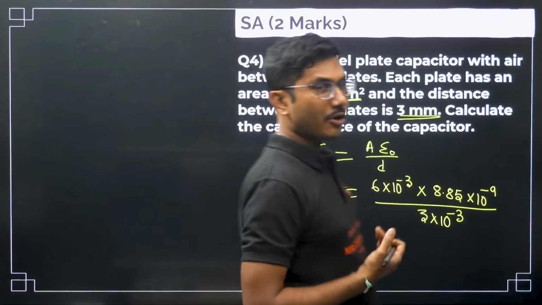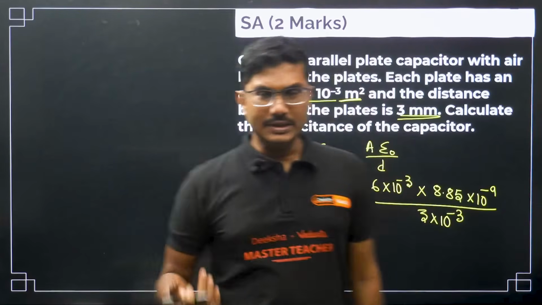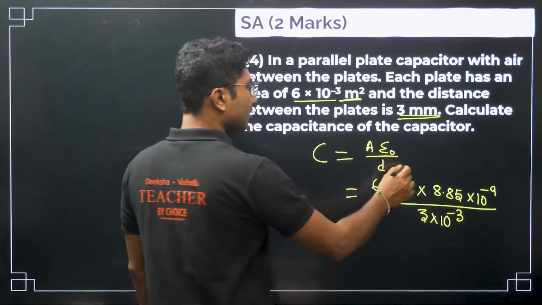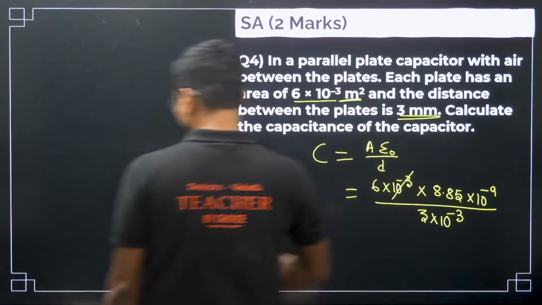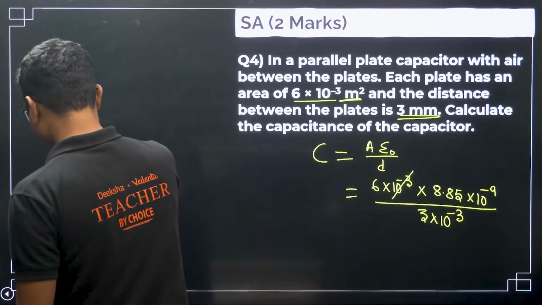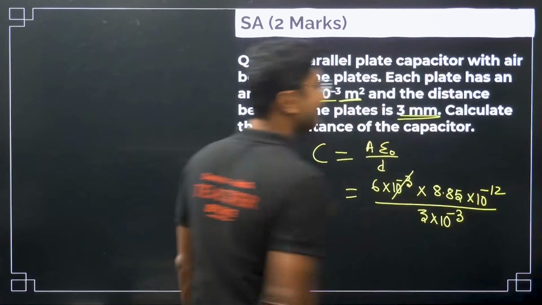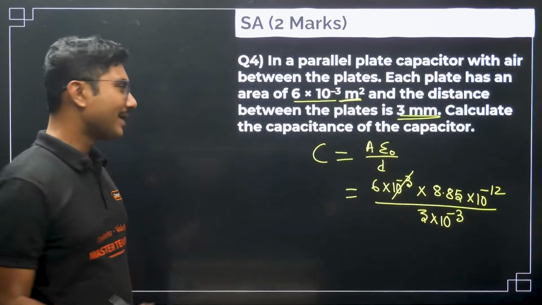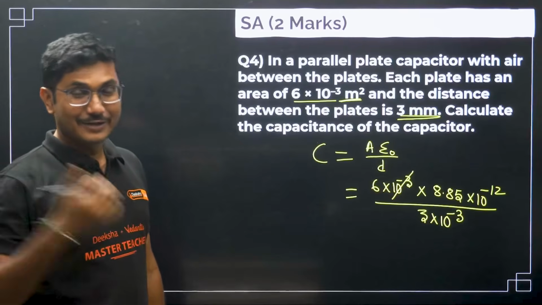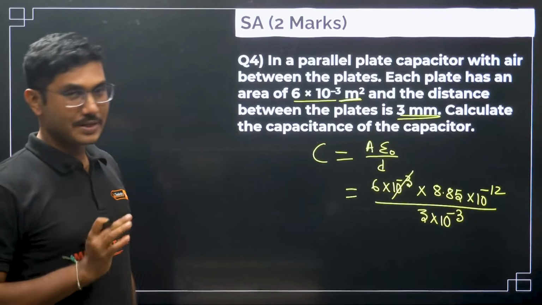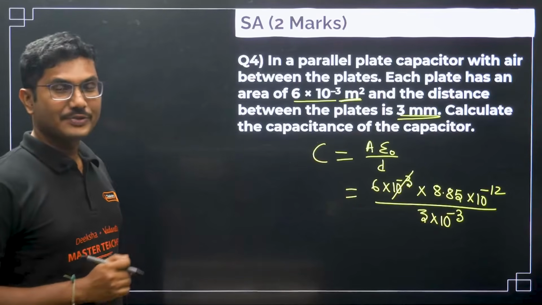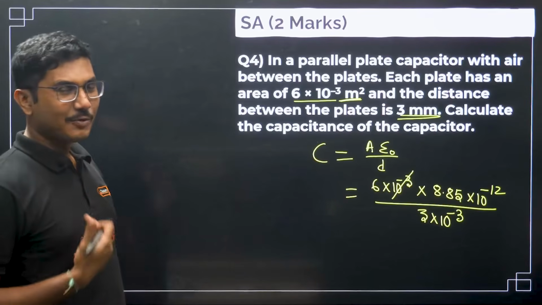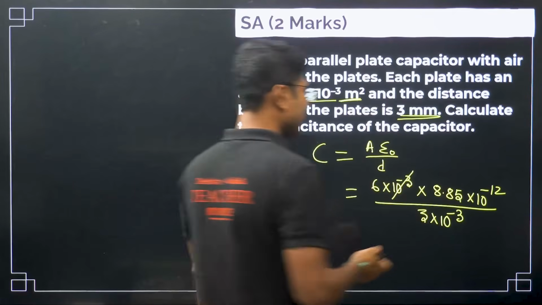Centimeter is 10 to the power of minus 2, millimeter is 10 to the power of minus 3. So now let's cancel. One more thing, I made a mistake over here, this is 10 to the power of minus 12, not minus 9. 9 into 10 to the power of 9 is 1 by 4 pi epsilon naught. Okay, only epsilon naught single is 8.85 into 10 to the power of minus 12.